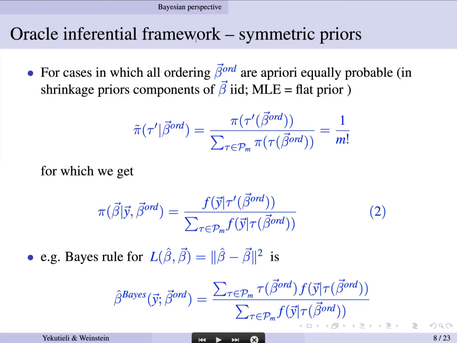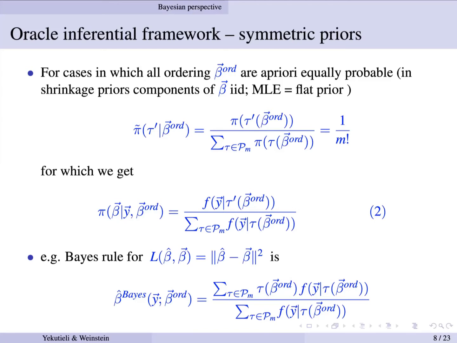But let's say we have symmetric priors. I mean, why not have symmetric priors? What do I mean by symmetric priors? For cases in which all beta order are a priori equally probable, we can make this much simpler. Does this make sense? In some cases it makes sense, in some cases it doesn't.